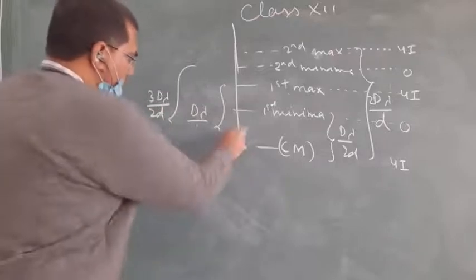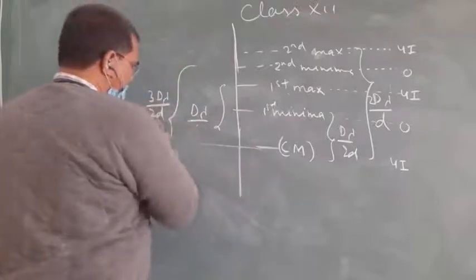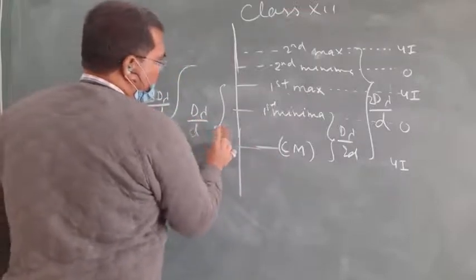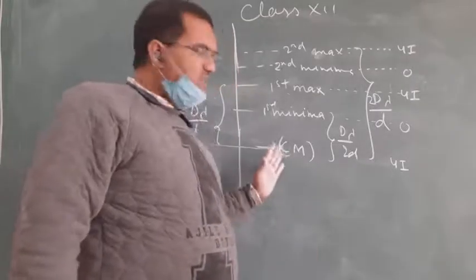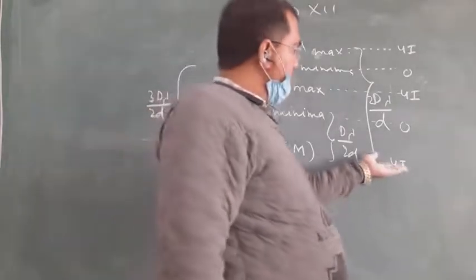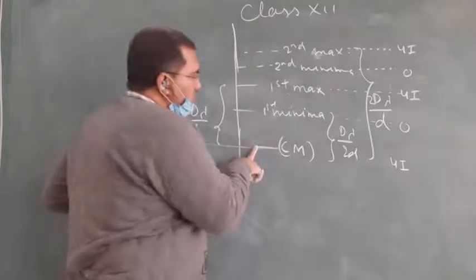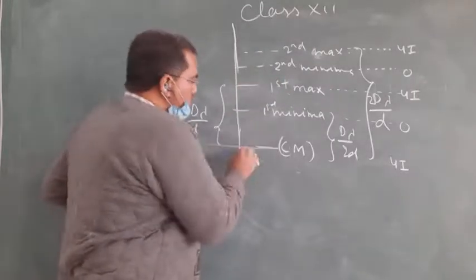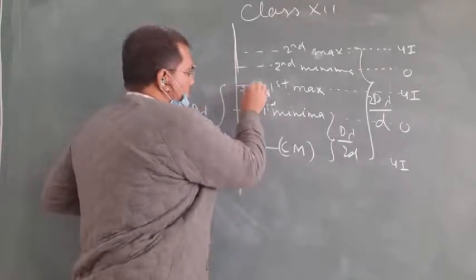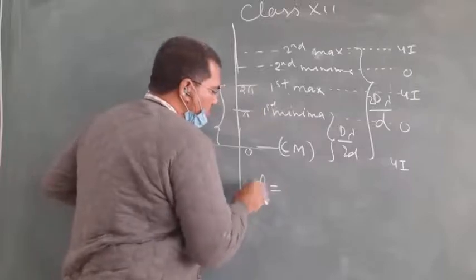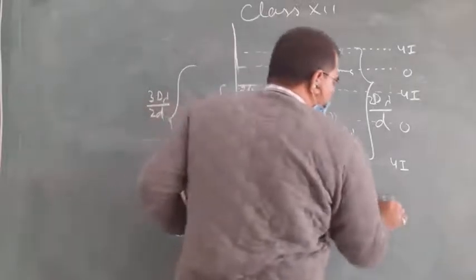Listen, one more thing. As we know, for the intensity formula, the phase difference for maxima is 0, 2 pi, 4 pi, 6 pi, and so on.